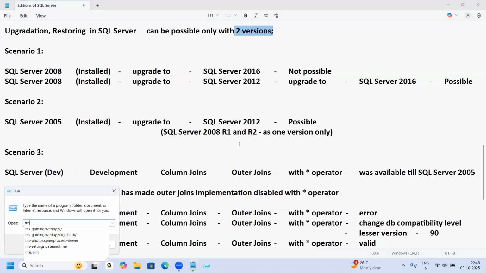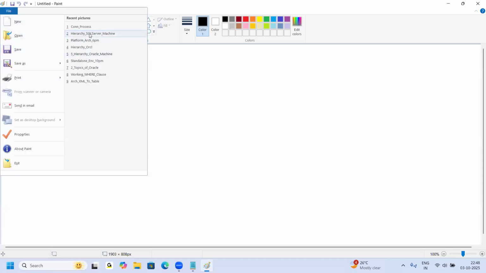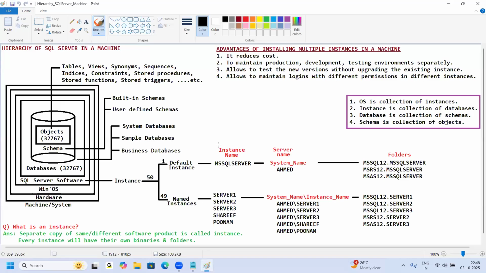Got it. And this was my last class. Two topics back to back with architectures I covered. This is one topic: the hierarchy of SQL Server in a machine. I'm talking about how SQL Server internally, systematically and logically arranges objects: tables, views, synonyms, sequences, constraints, procedures, functions, triggers.